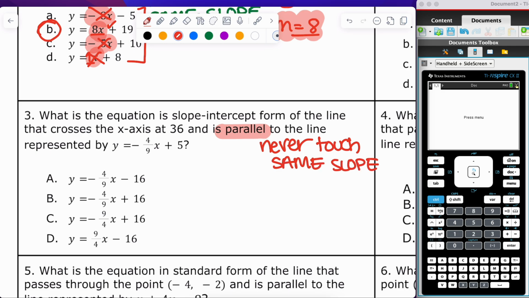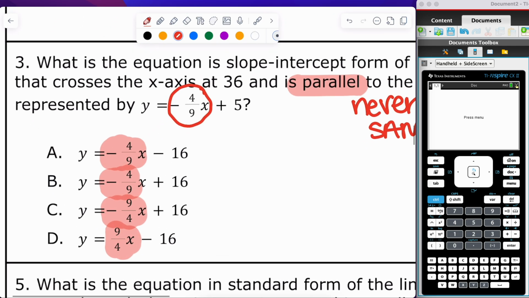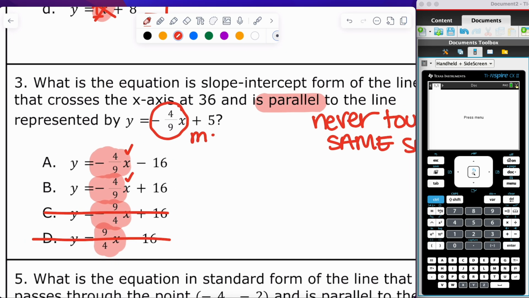So my slope is negative 4 over 9. So I want that to also be in my answer. Negative 4 over 9, negative 4 over 9, negative 9 over 4, positive 9 over 4. I can see that this one might be it, and this one might be it, but definitely not C, definitely not D, because remember, we want m equals negative 4 over 9.